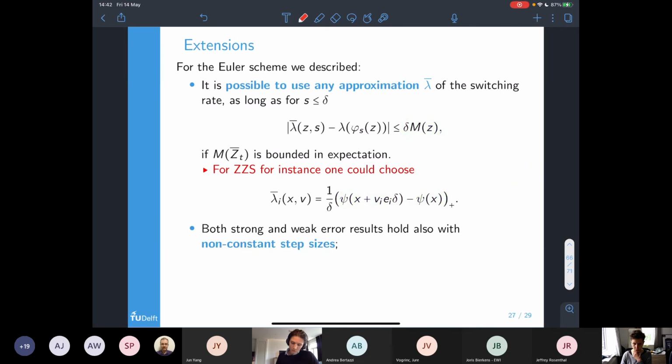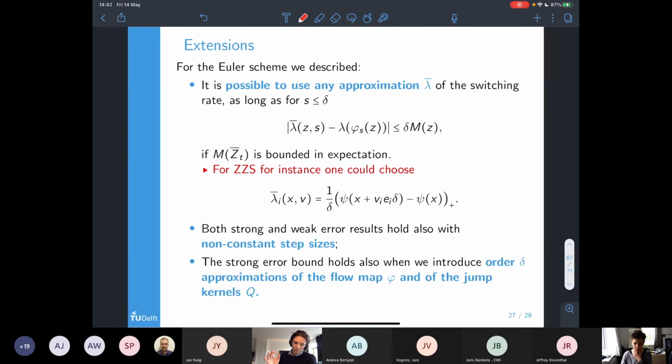Then the strong and weak error results we've seen before hold also for non-constant step sizes. It's just for simplicity that I didn't consider that, but it remains valid. And then also, we can still prove the Wasserstein distance bound we have seen if we introduce order delta approximations of the flow map and of the jump kernels.